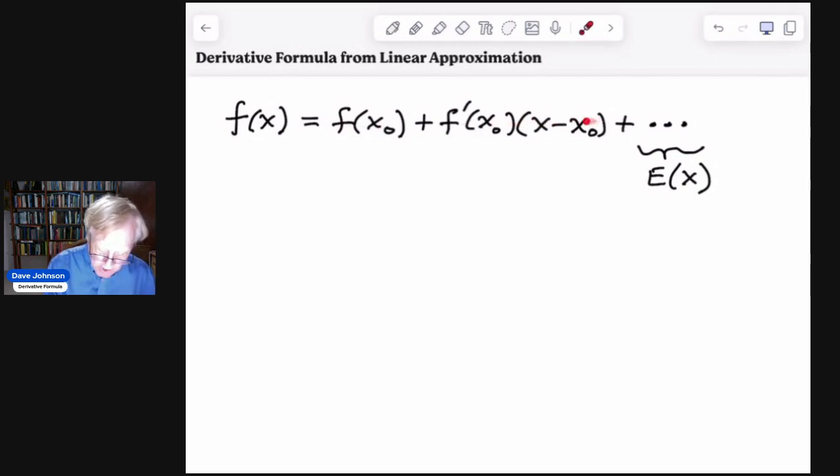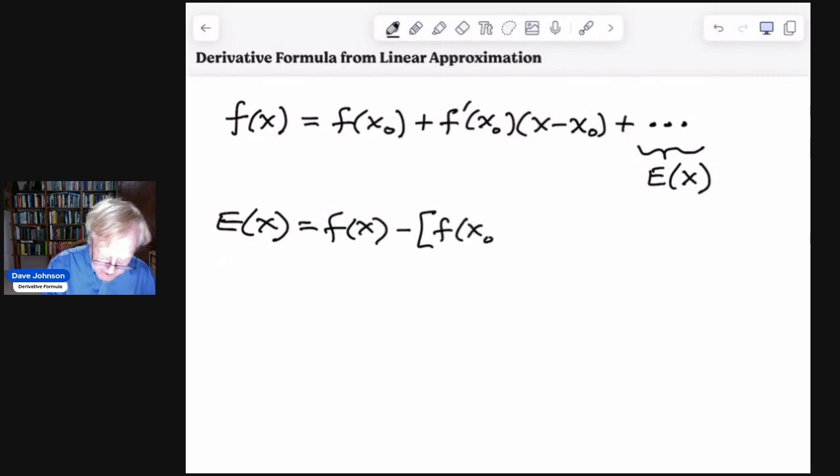So here's the linear approximation here. What is e of x? So e of x is equal to f of x minus this quantity f of x naught plus f prime of x naught times x minus x naught.